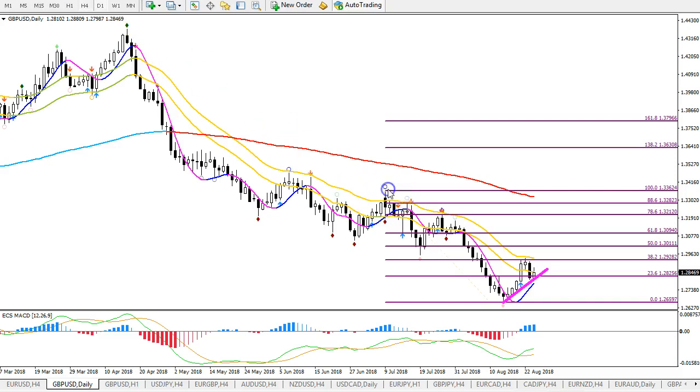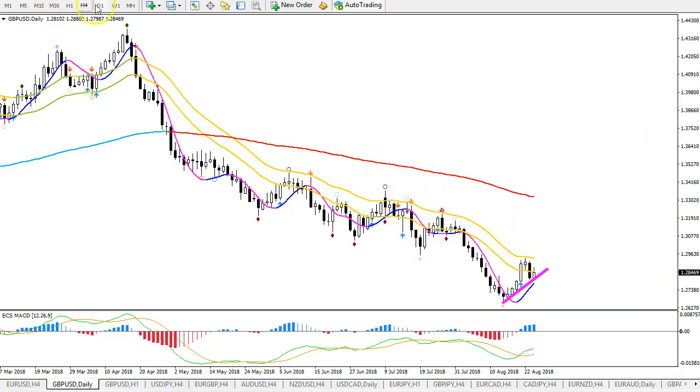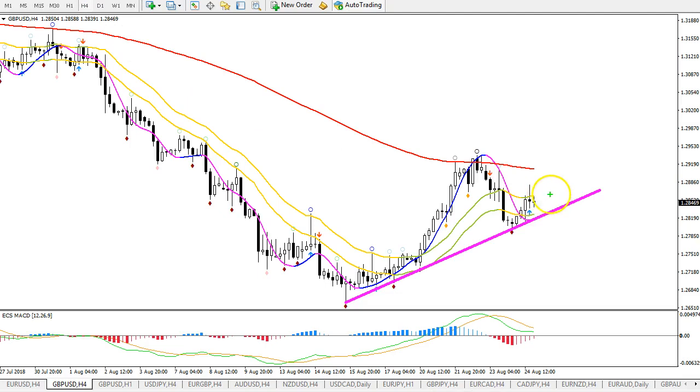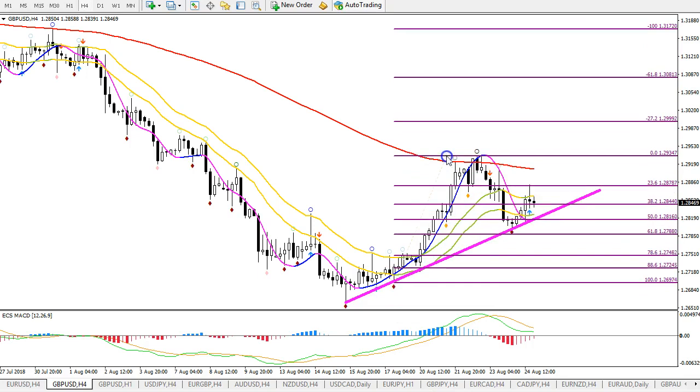Now let me get rid of this fib. All right, now what if price re-breaks above this 21 EMA? I would like to see probably a break, pullback, and bounce before I think that a bigger upside is confirmed. In that case, it is still possible that this is a wave 4.